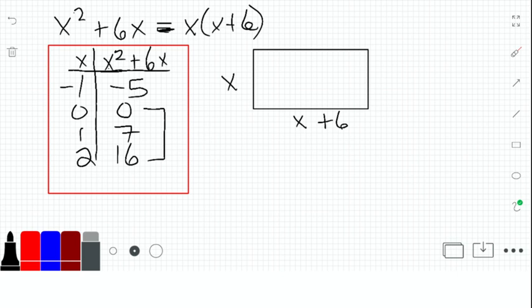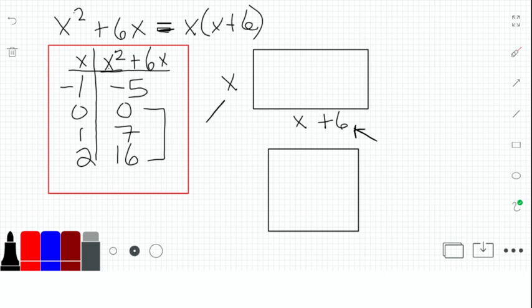Well, let's say I want to change things around a little bit, but I don't want to change the amount of fencing that I have, but I want to make it a square. So in order to make this into a square, let me draw a square, or at least close to a square. What I'd have to do is take half of this 6 here and give it to this x over here so that they would be the same length.